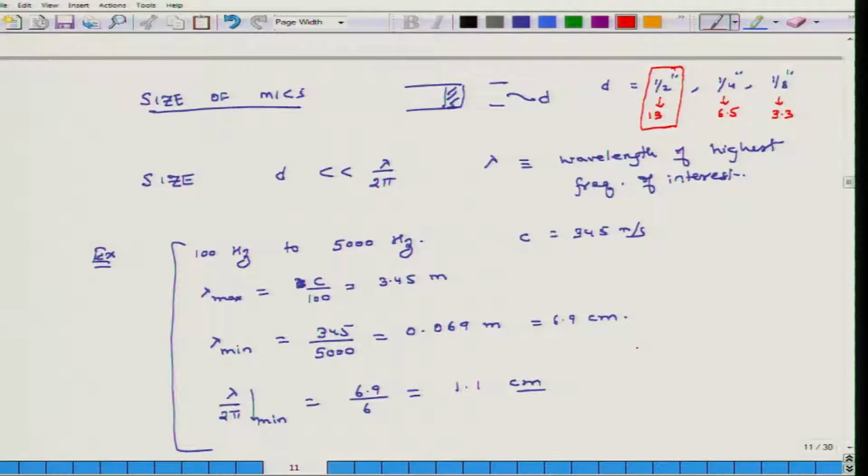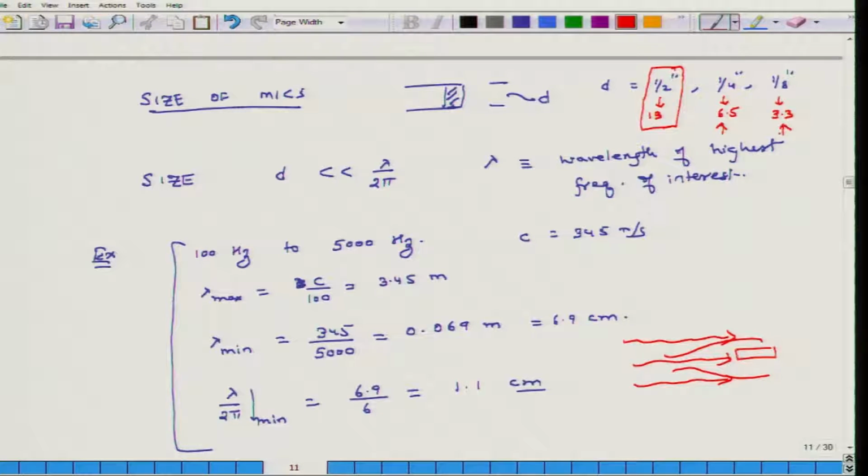what will happen? Say suppose we are talking about free field, then waves will be travelling like this, and when I introduce a microphone which is fat, then the nature of waves will change. So, the sound field will get disturbed if I use a thicker microphone. If I use this microphone, maybe it will work.